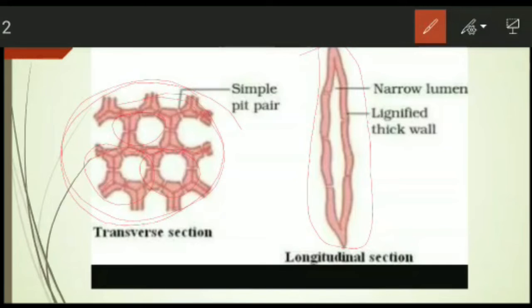Here you may see how thick this red part is. This thickening of the cell wall at the outer periphery is because of the deposition of lignin. So this deposition makes the cell hard.